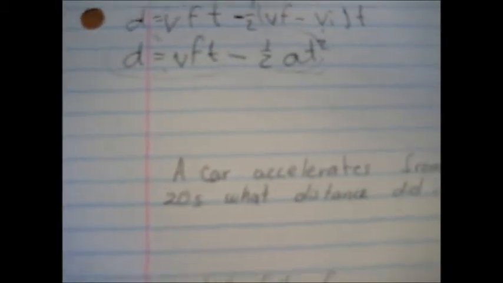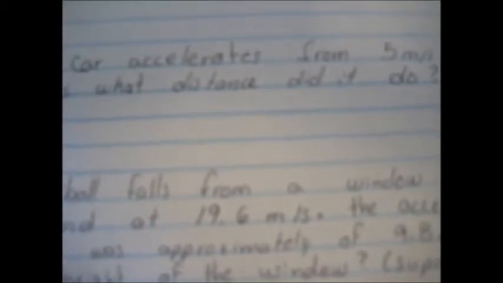A car accelerates from 5 meters per second to 10 meters per second in 20 seconds. What distance did it do? And the second problem: a ball falls from a window and hits the ground at 19.6 meters per second.